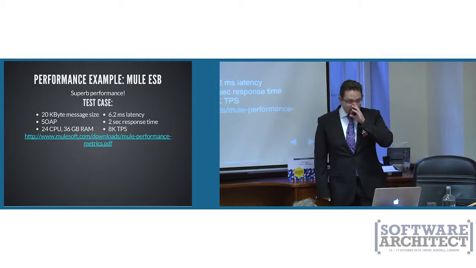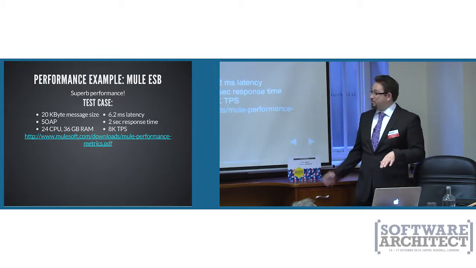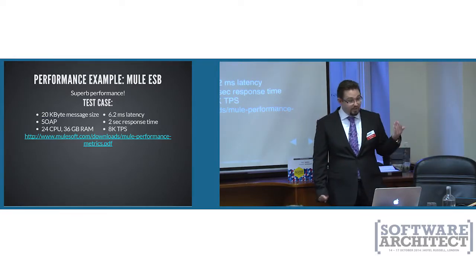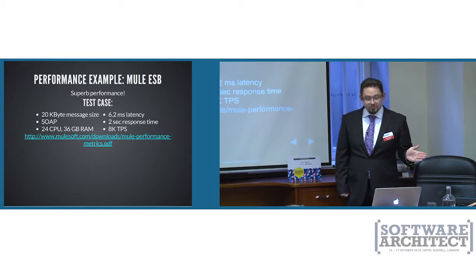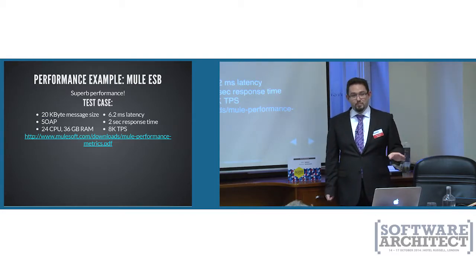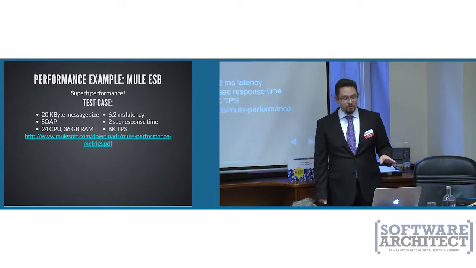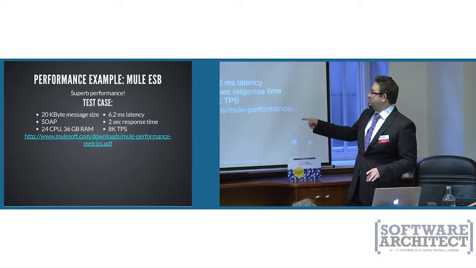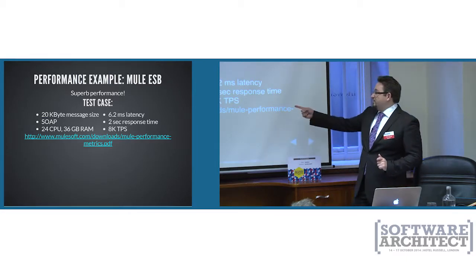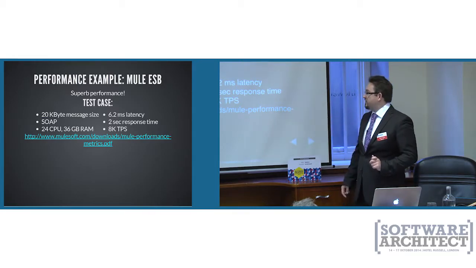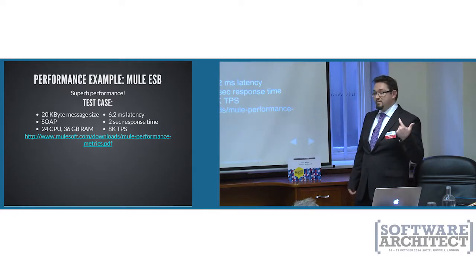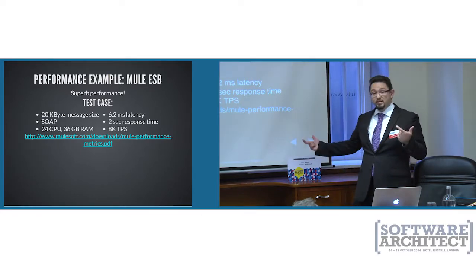So for example, Mule published not a white paper, but a kind of advertisement of their solution, and they are brilliant. I do love Mule, so it's not really against them. If you check these numbers, they have 8,000 transactions per second, 2-second response time on system level, but just 6 millisecond latency.